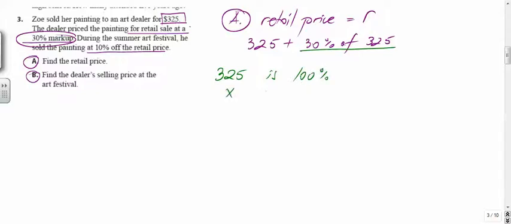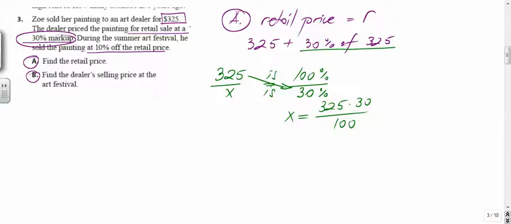We don't know the markup, the increase in price, but we know that should be 30%. Okay, and here you have your proportion, right? 325 over x equals 100 over 30. To find your x, you will multiply the other diagonal, and you will have 325 times 30 over 100.